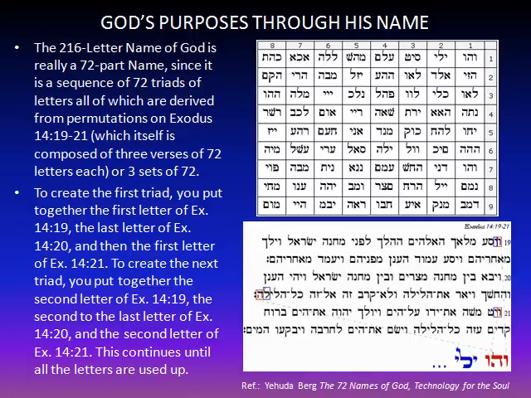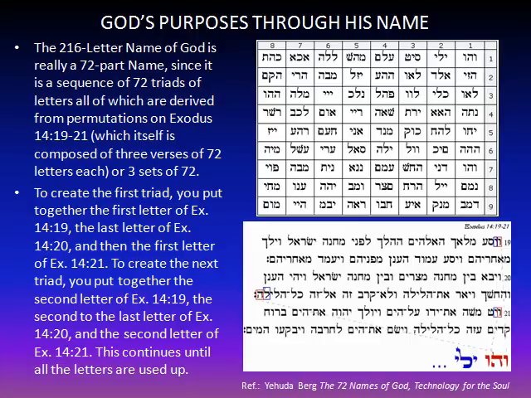To create the first triad, you put together the first letter of Exodus chapter 14 and verse 19, and the last letter of Exodus 14 and verse 20, and then the first letter of Exodus 14 and verse 21.